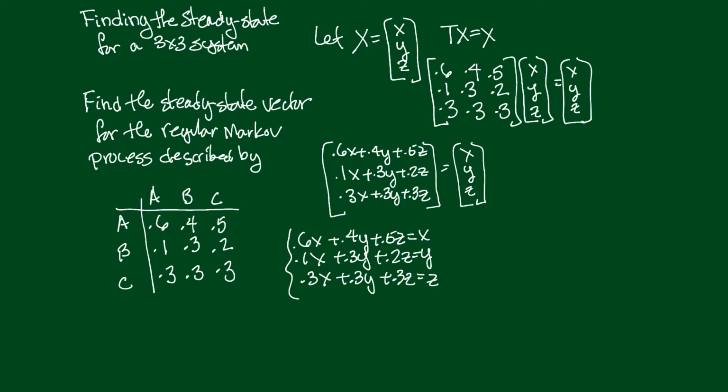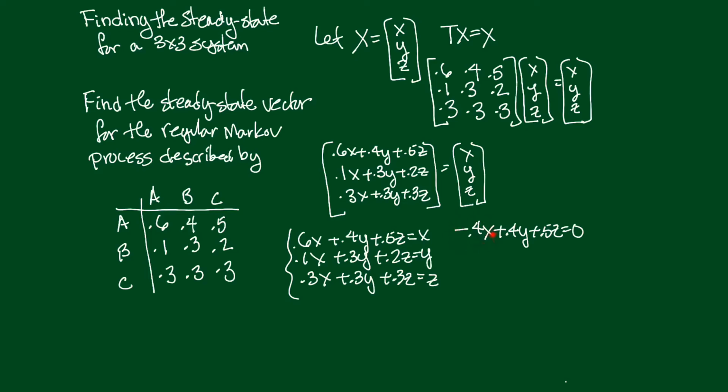But now we know that when we solve systems, we have all the variables on the left side and constants on the right. So let's subtract x, subtract y, subtract z, so we'll have zeros on the right side. When I subtract the x, I'll have 0.6x minus 1x. Now 0.6 minus 1 is negative 0.4x plus 0.4y plus 0.5z, all equal to 0.